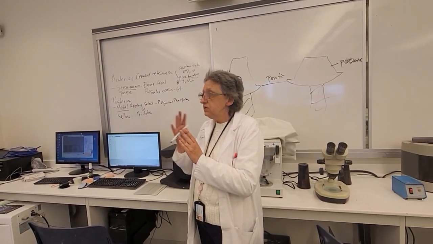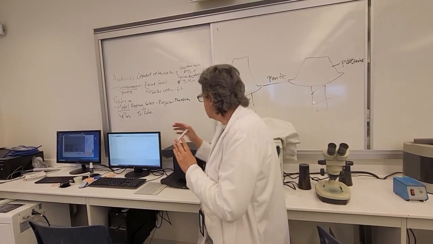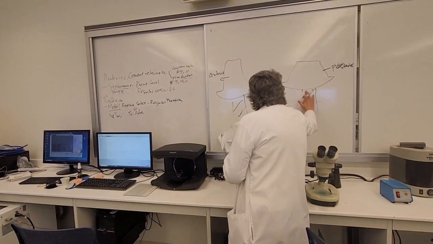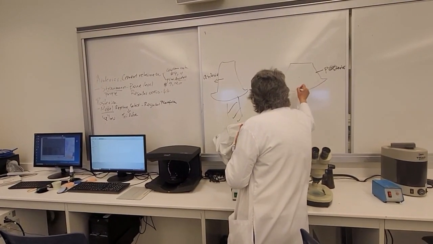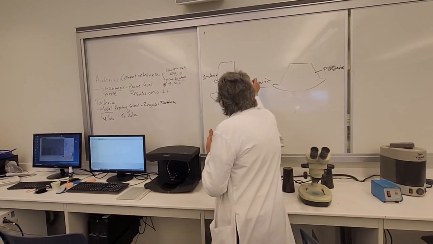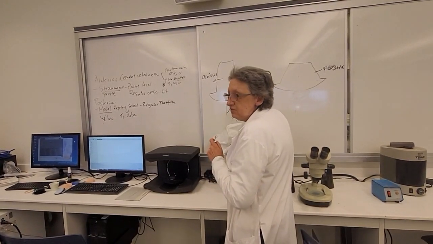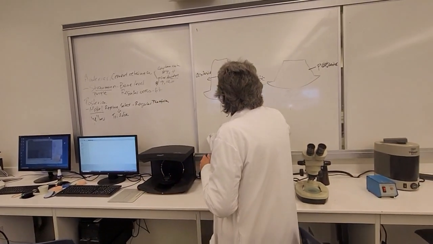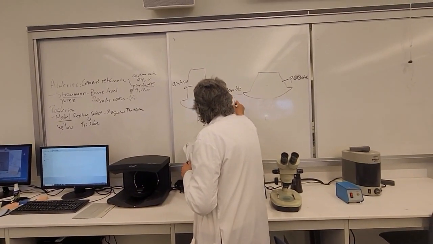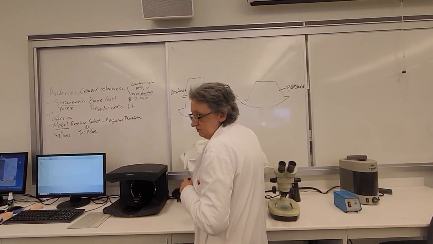So the rule is never to design a bridge like that. If you have a case like this, and this would be a natural tooth, I will do a single restoration here and maybe a 2-unit bridge here, something like this. Or maybe I would put an implant here and do a single here.